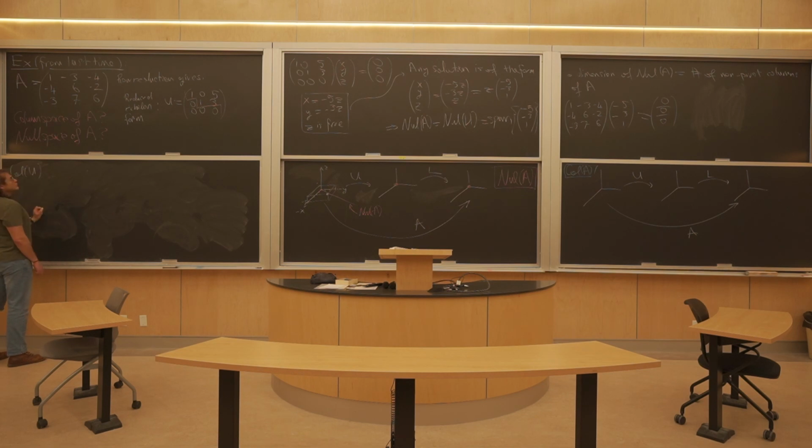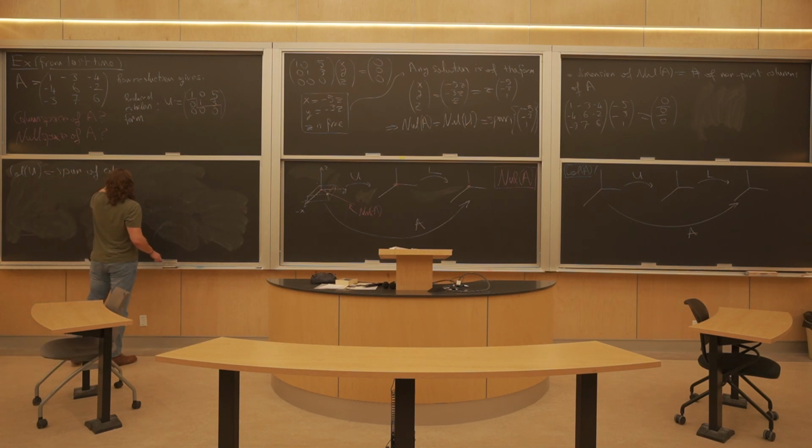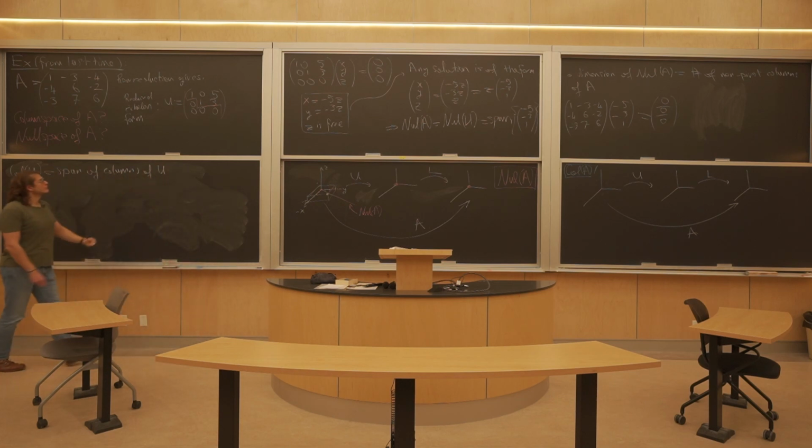The column space of U is the span of columns of U. And you see, this is where the reduced echelon form really starts to shine, because if I look at my original matrix, I have no idea. It's not apparent whatsoever.